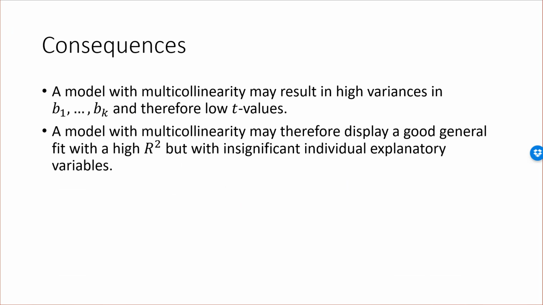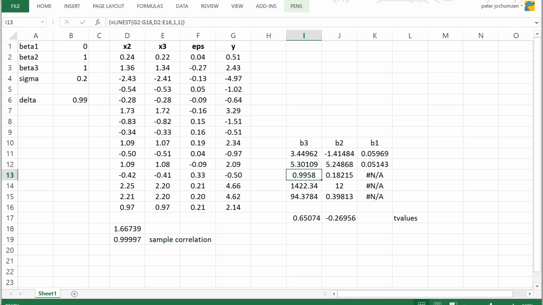So finally, what can you do about multicollinearity? The answer is that there is really no cure for multicollinearity in the sense that we can't just fiddle around with this and come up with other estimates that are better. The problem really lies in the fact that the data doesn't have the answer we're looking for.